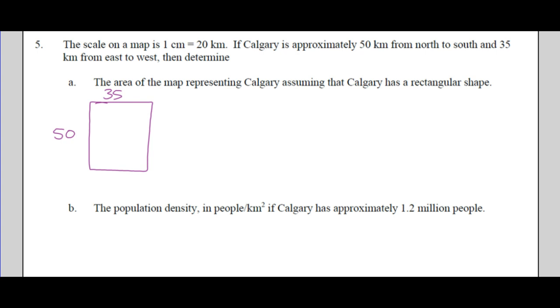1 centimeter is 20 kilometers. So how many centimeters? How do we get how many centimeters this is? So on the map, how many centimeters is Calgary this way? Do you multiply by 20? Divide by 20.